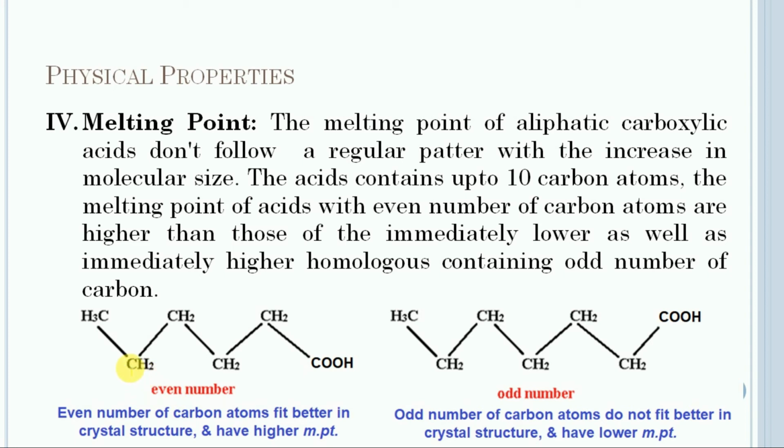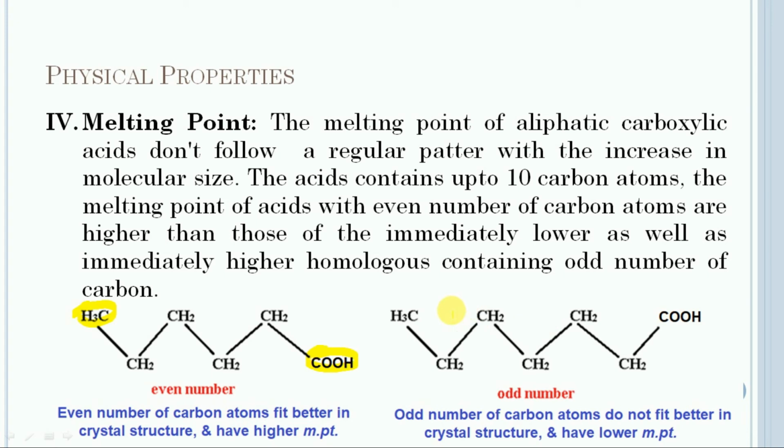So this one is the acid with an even number of carbons, in which the methyl group and acid are on opposite sides. Similarly, on the other hand, the acids having an odd number of carbon atoms have the carboxylic and methyl group on the same side of the zigzag chain. As a result, they do not fit so well in the crystal.